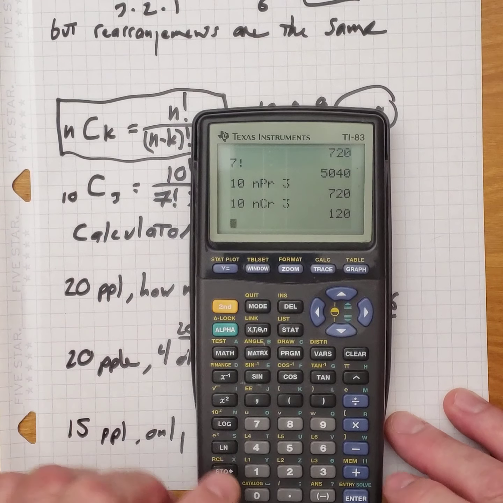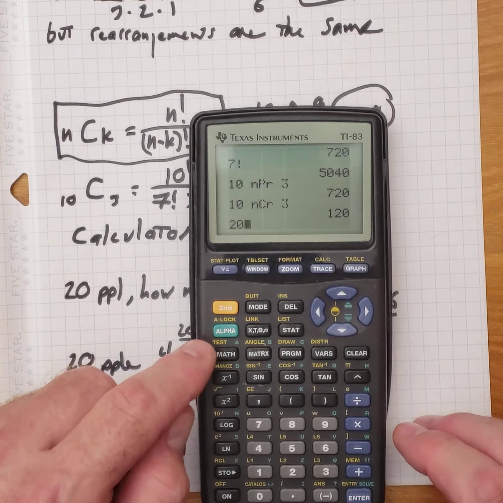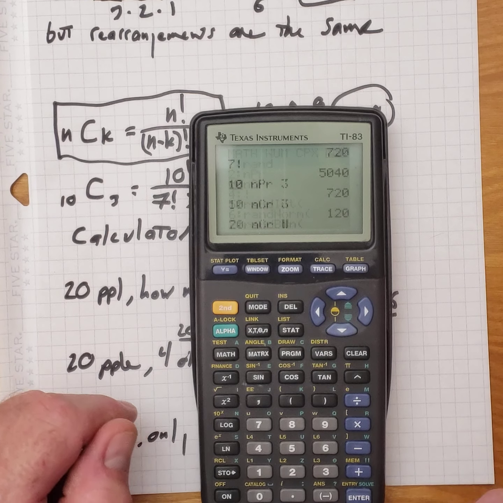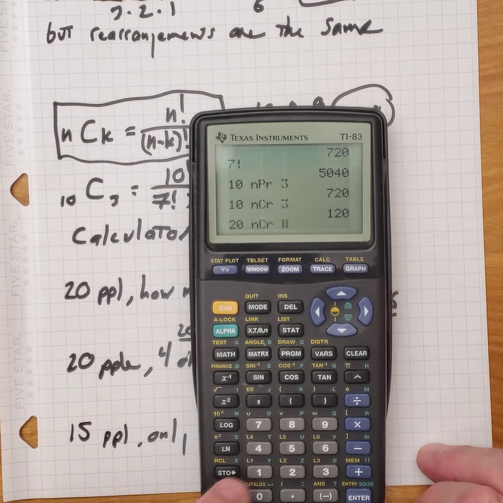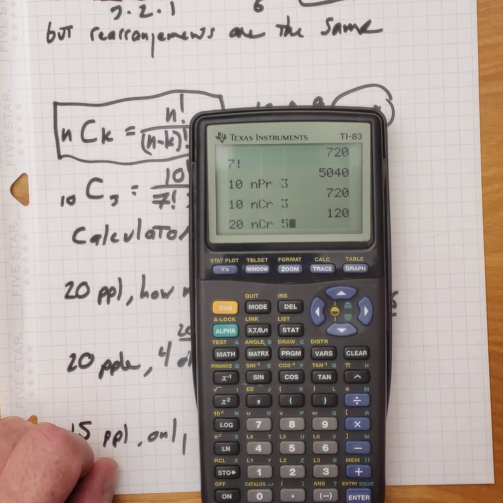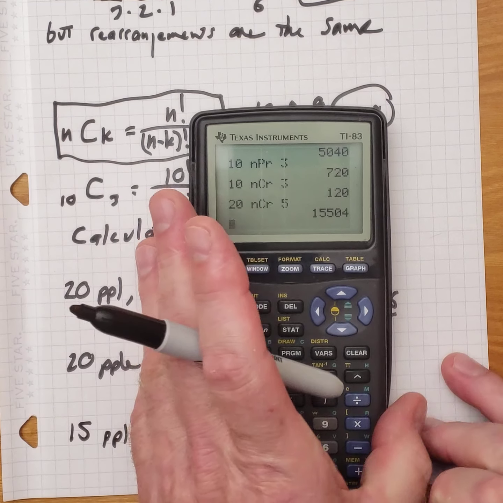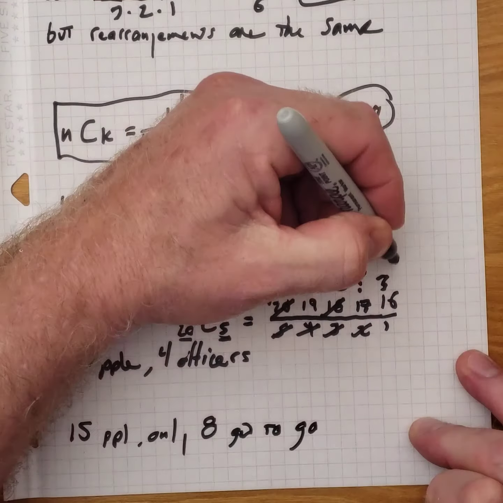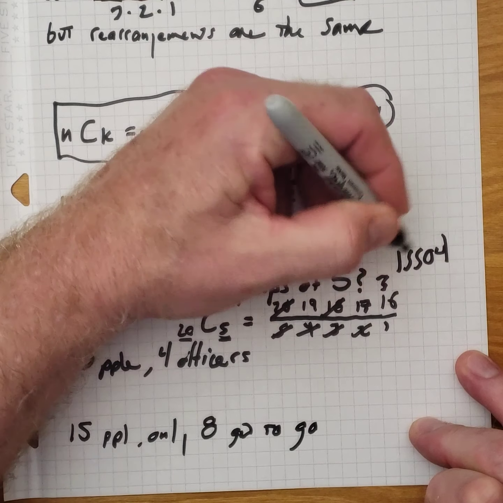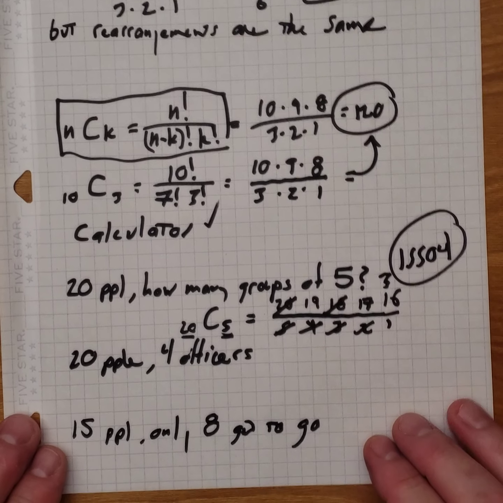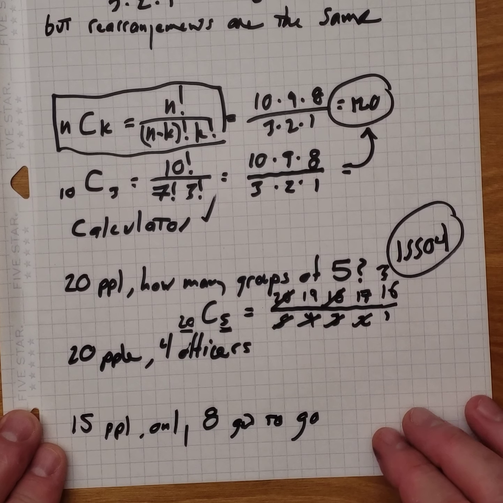We can do 20, Math, over to the left and down to nCr, and we're choosing 5 people, right? nCr because it's combinations, order doesn't matter, and that can happen 15,504 different ways. That answer surprises me a little bit. Most of these permutations and combinations are bigger than your intuition will tell you they ought to be, if your intuition's anything like mine.